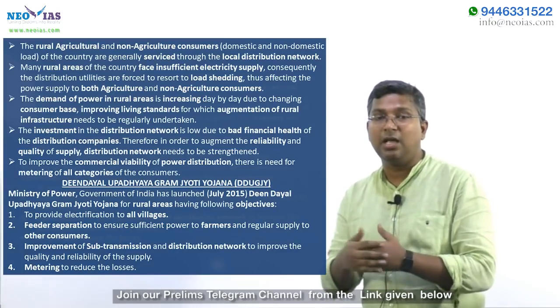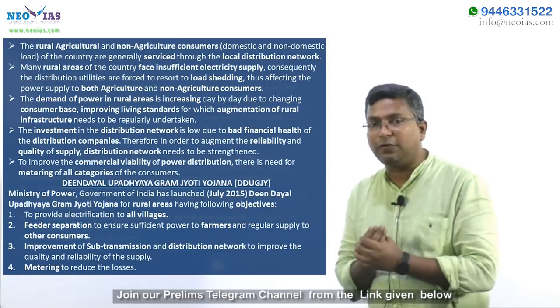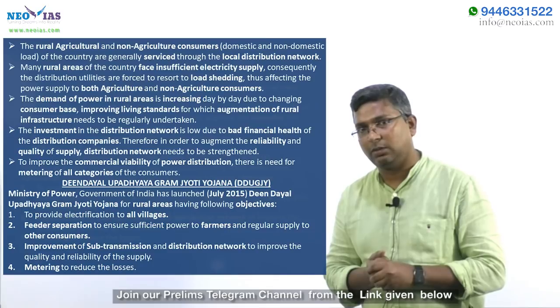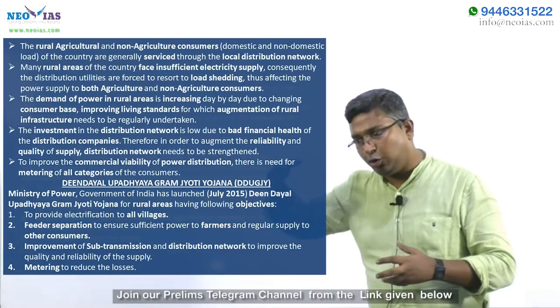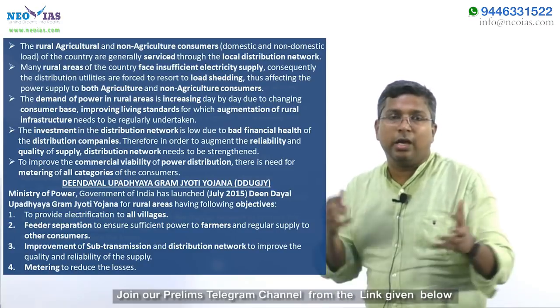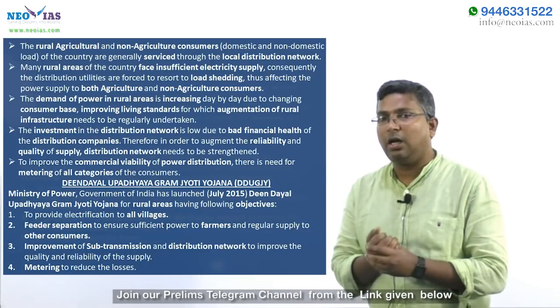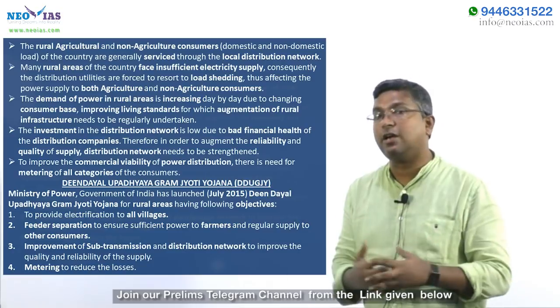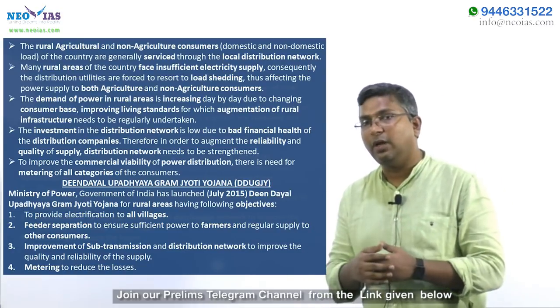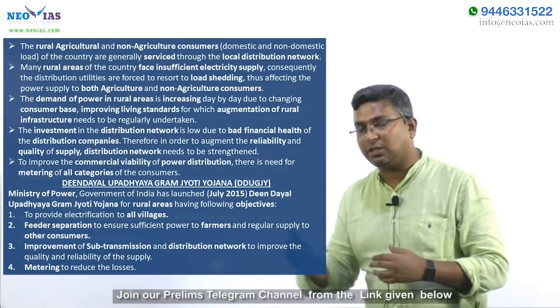For example, the most important source of irrigation: if you want to pump water for irrigation, you require electricity. So a huge amount of power is used in the rural area for agricultural purposes.